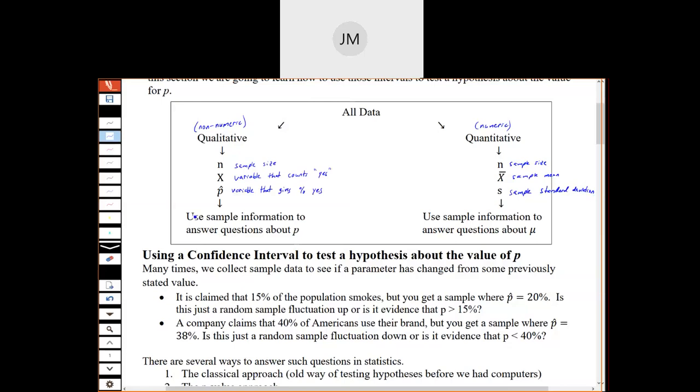When we have non-numeric data, we're going to use that sample information to answer questions about P. So this is going to be the percentage of people that would say yes in the whole population if they were asked the question. If we had numeric data, we would be using our sample information to answer questions about mu, which is the population mean.